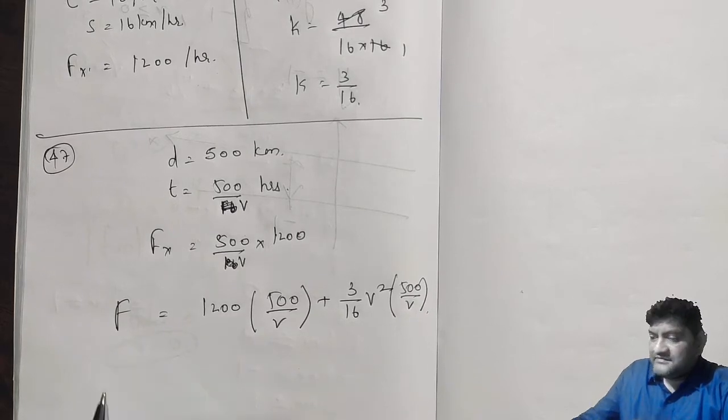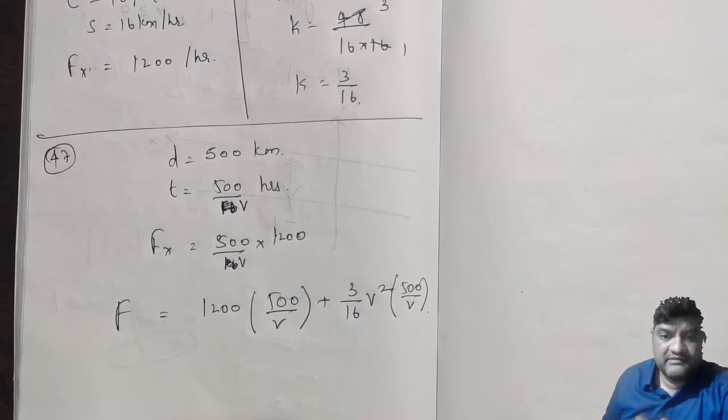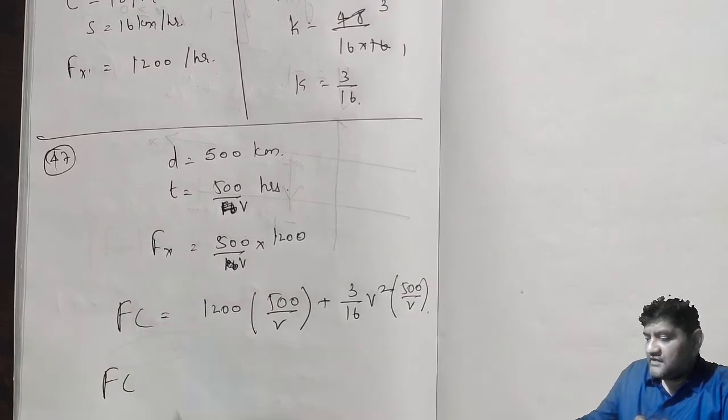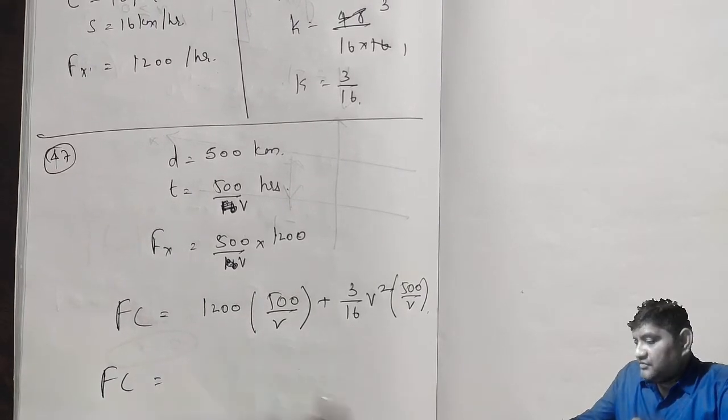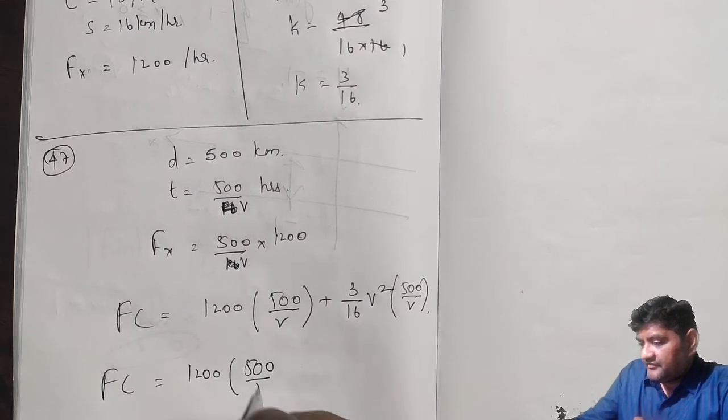Now, if you simplify this, what do you have? Fuel cost, if I can call that as FC, which is fuel cost. Now, if you want to, you can simplify this. So I'm going to keep this as it is because it's a big number.